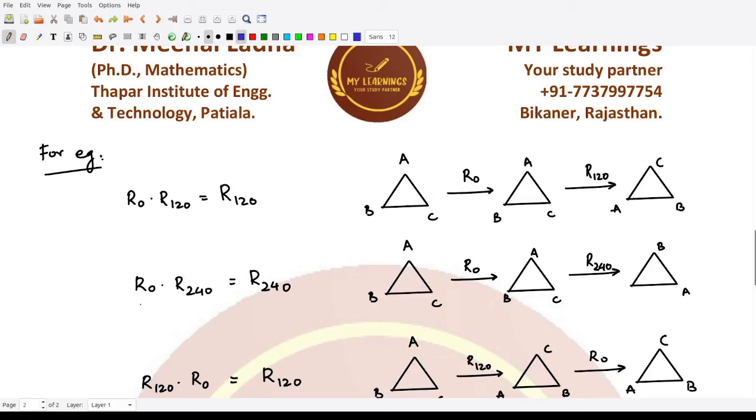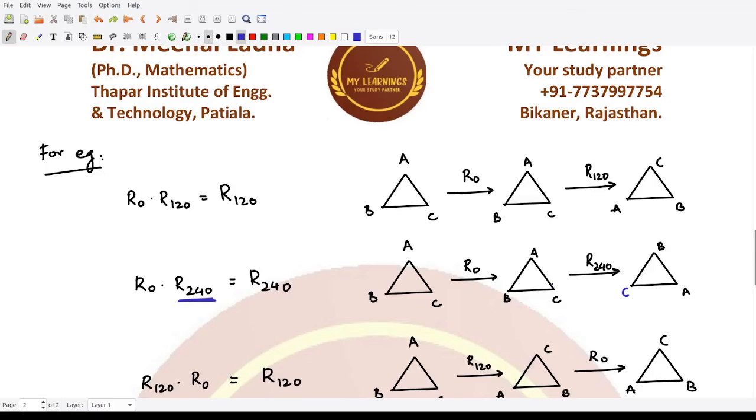For the second case, we have R0, so nothing is being done over here. What about R240? A would go to C, B would go to A, C would go to B, right? So we have this triangle over here. Overall we have a rotation by 240 degrees. So again, rotation followed by rotation gives us a rotation.